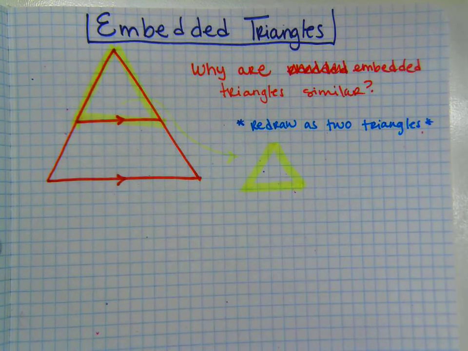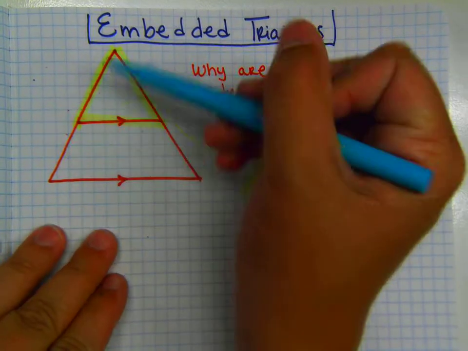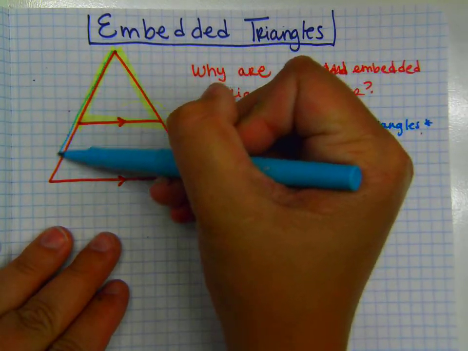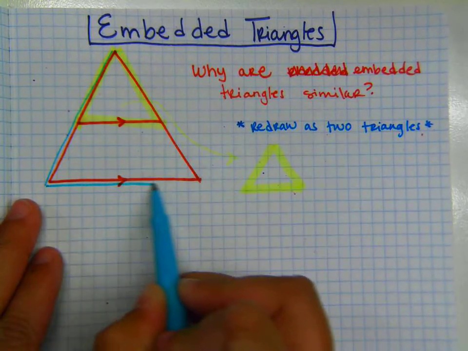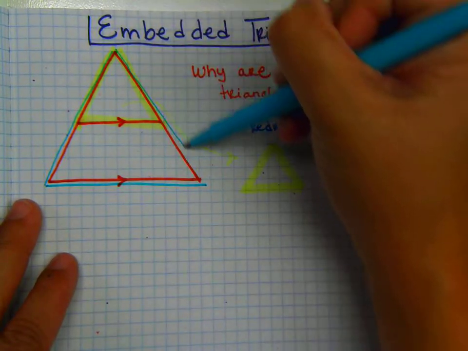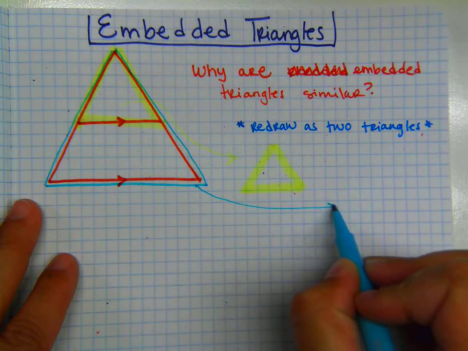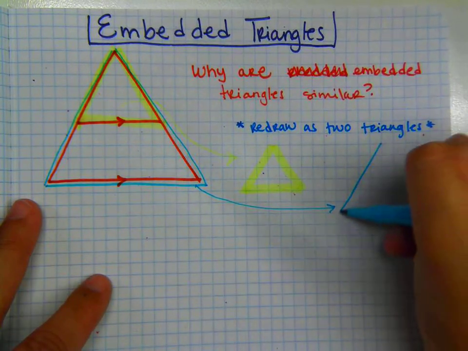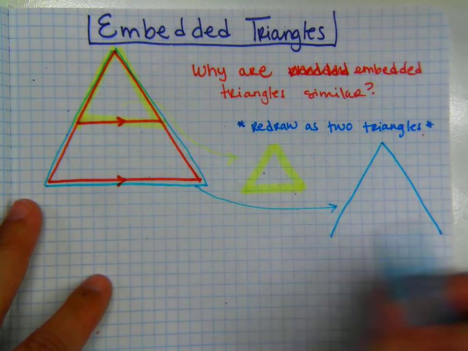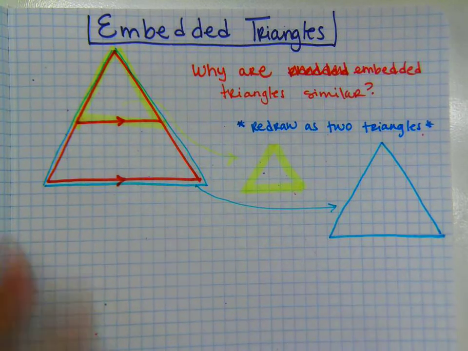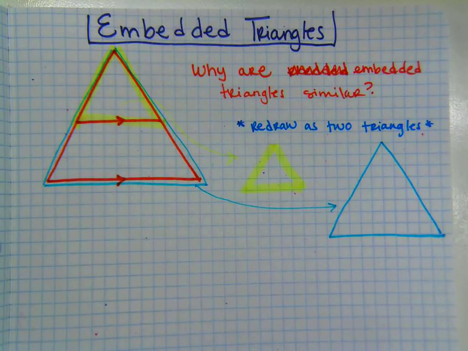And then I'm going to redraw the other one in this teal color, and that's going to be this big triangle. And I always suggest that when you have embedded triangles that you just redraw them because it's easier to see things when they're redrawn.